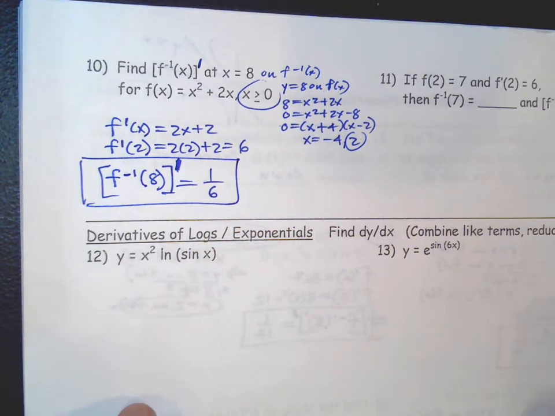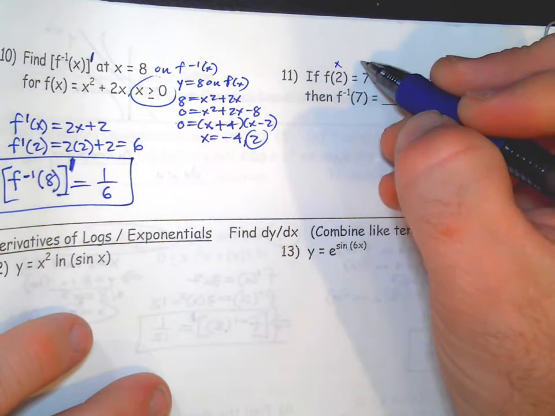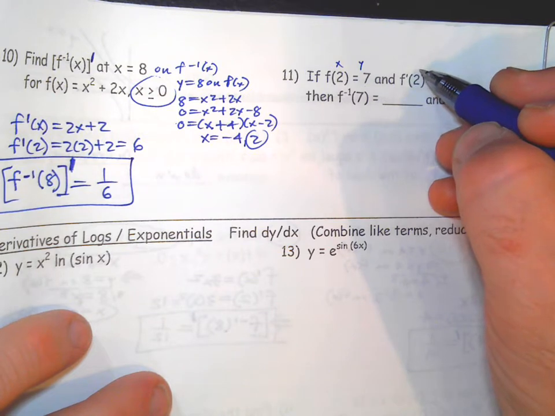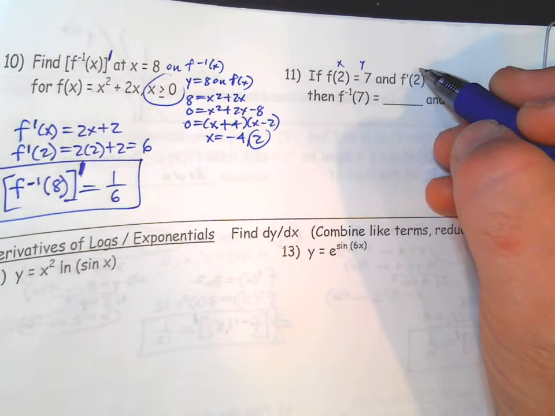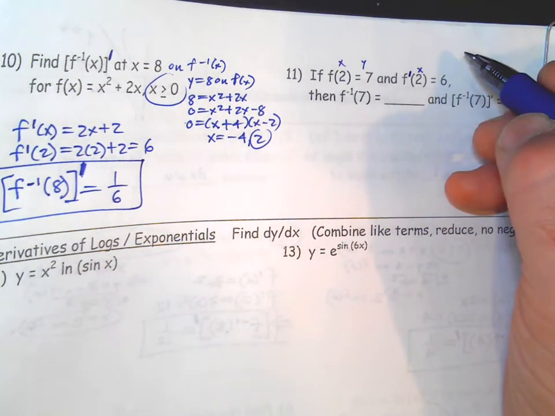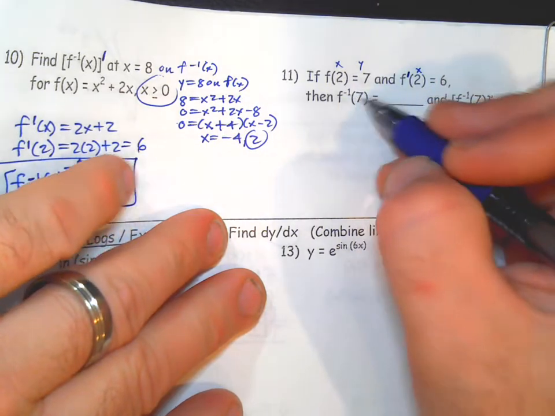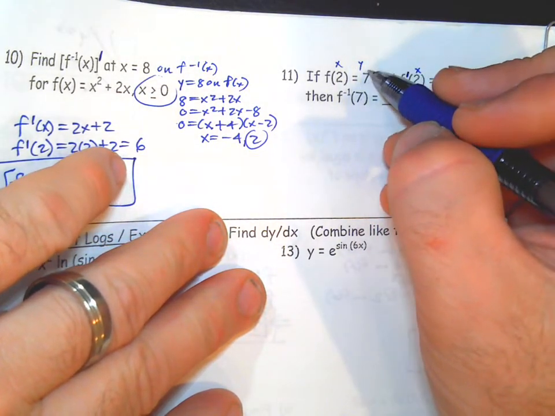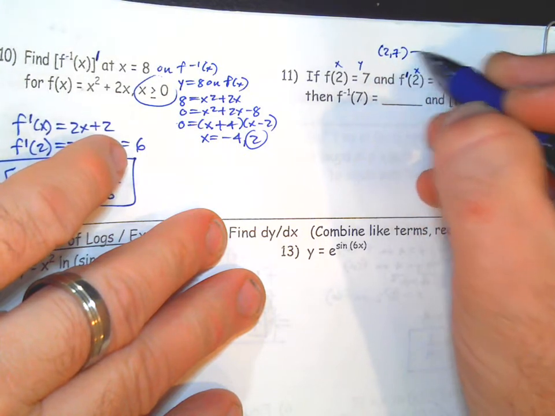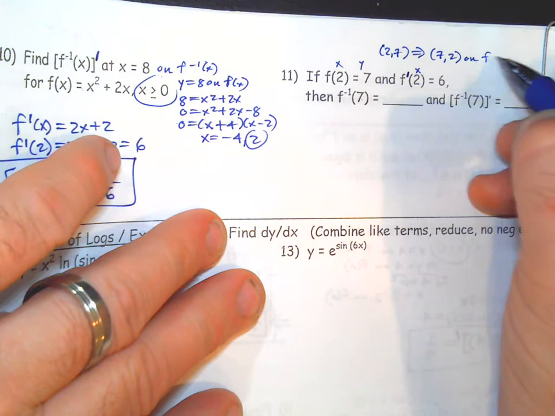Number 11, they give you a function f of 2, so that's the x and the y on the original function. And they give you the derivative at x equals 2. So the inverse function, if x is 2 and y is 7 on the original graph, then that corresponds to 7 comma 2 on the inverse graph.